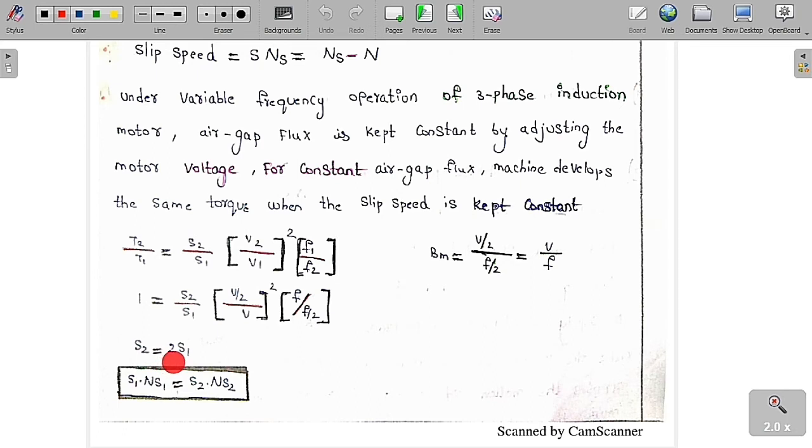Finally I can say that if you want the air gap flux to be constant, with simply V by F control, then if you want the same torque, definitely the slip speed should always be kept constant. So under variable frequency operation of a three-phase induction motor, air gap flux is kept constant by adjusting the motor voltage. For constant air gap flux, the machine develops the same torque whenever the slip speed is kept constant.